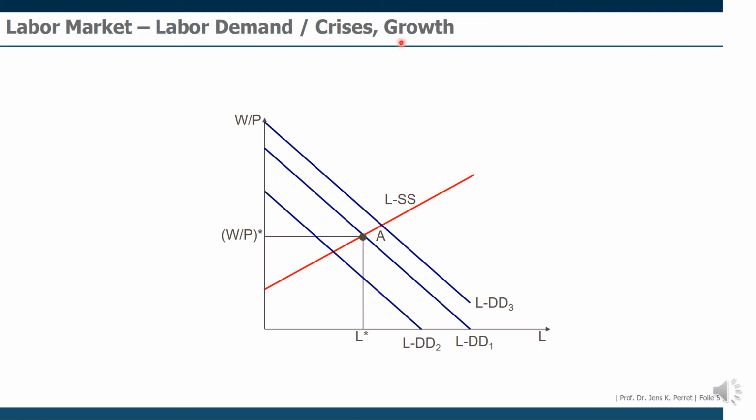So whatever actually pushes economic growth, in other words, all the other factors of the production function, especially knowledge and innovations, will have an effect on labor demand. Actually, innovation can have two effects. It can have a growth effect, increasing labor demand, but it can also have a negative effect on labor demand if we talk about process innovations, for example.